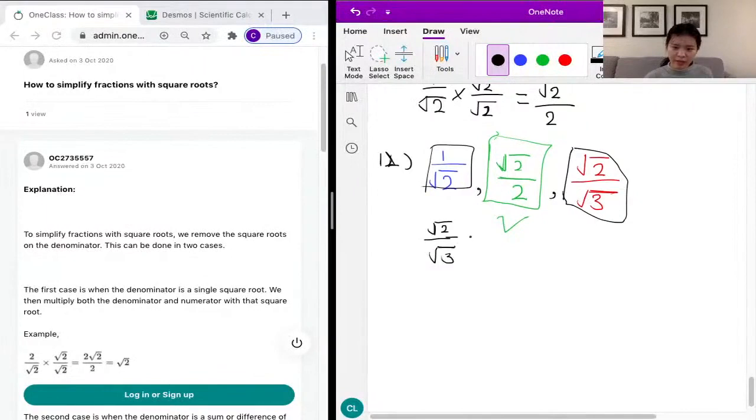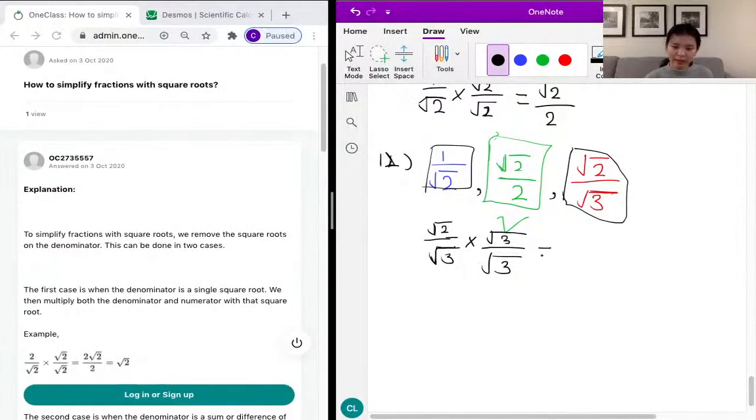We just want to multiply this fraction by 1. And exactly what form of 1? This fraction has the denominator of root 3, so we just want to multiply this entire fraction by root 3 over root 3. So basically multiply the entire fraction by the bottom number.